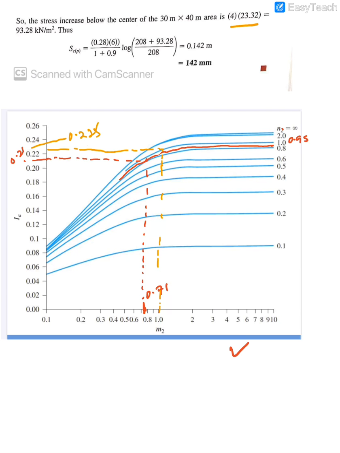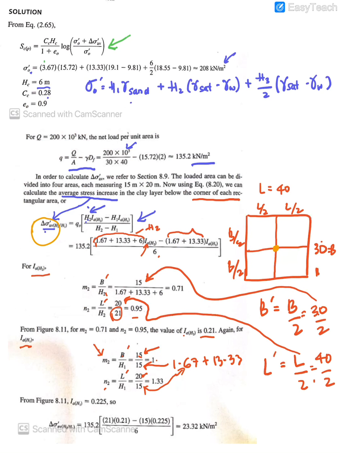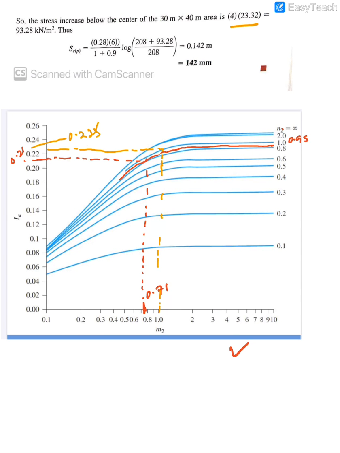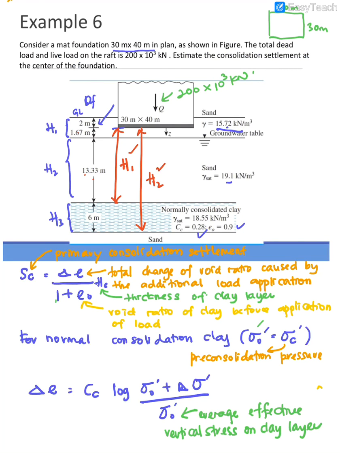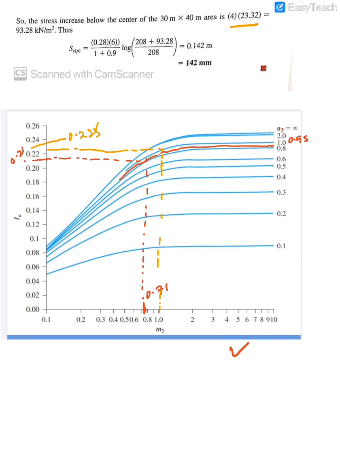Refer to this figure. Center, so you have to times 4. 1, 2, 3, 4. So the average stress increase times 4, here you get 93.28 kilonewton per meter square.